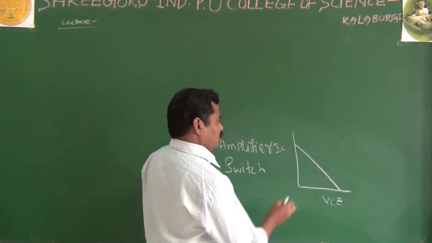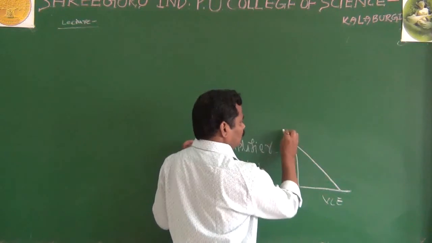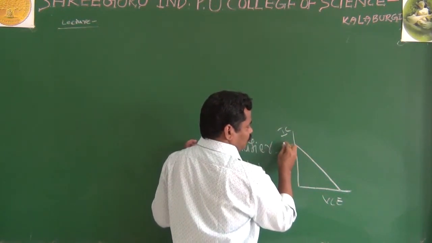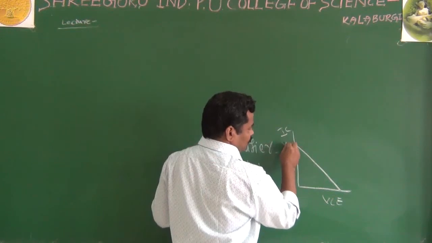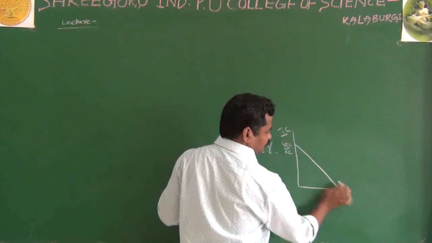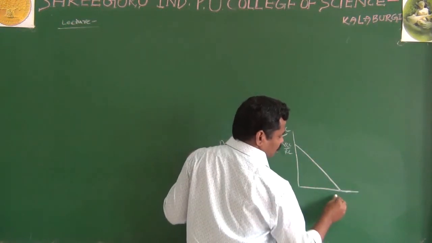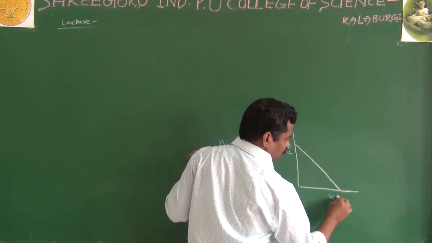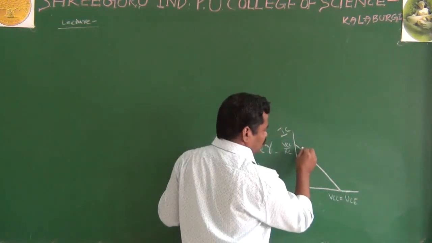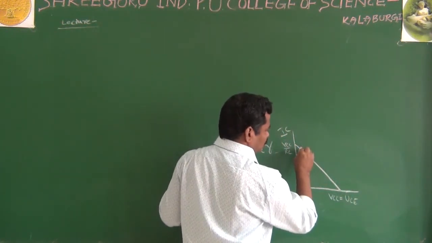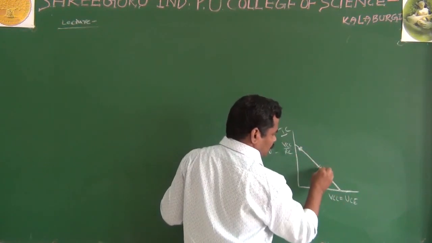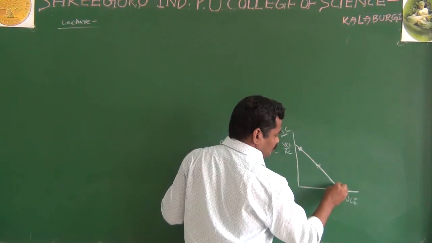This is your saturation point, that is nothing but VCC by RC, and this will give your cutoff point, that is nothing but VCC equal to VCE. And as I said here, this is one point, this is another point, this is another point.